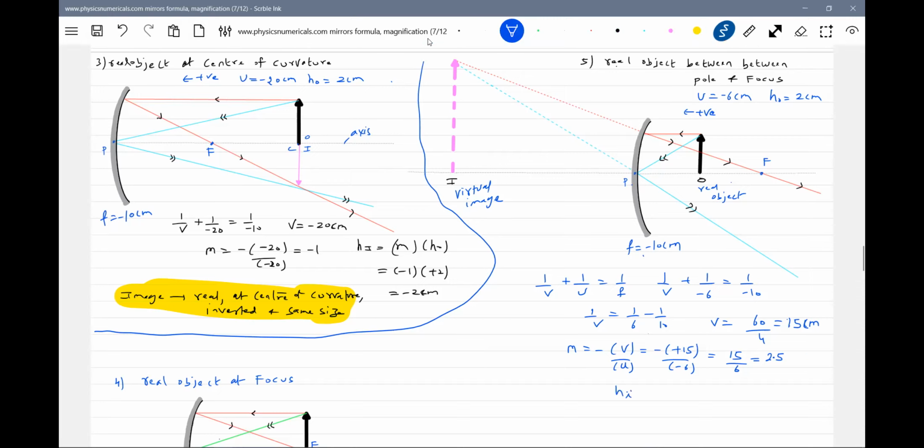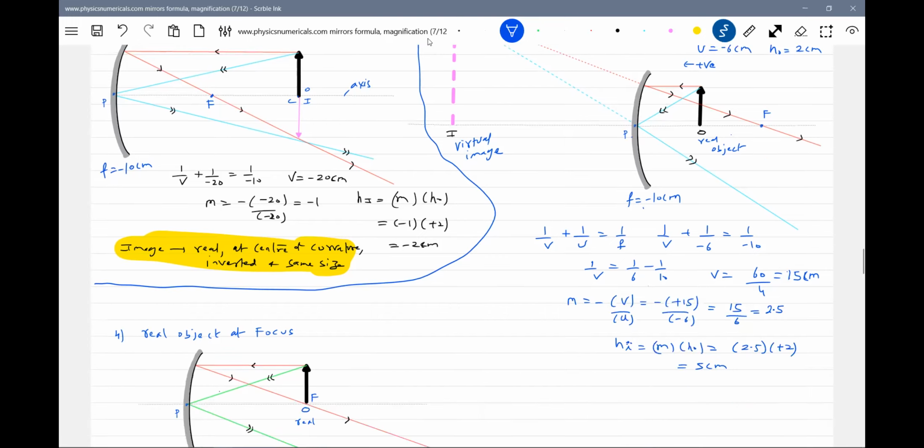Magnification plus 2.5. Then the height of the image is 5 centimeter. So is it magnified? Yes, it's magnified.